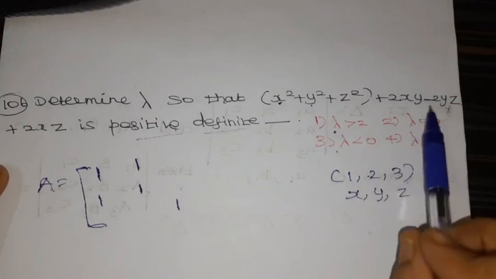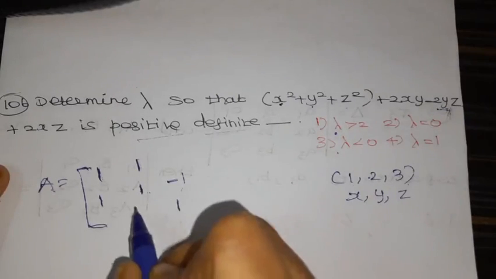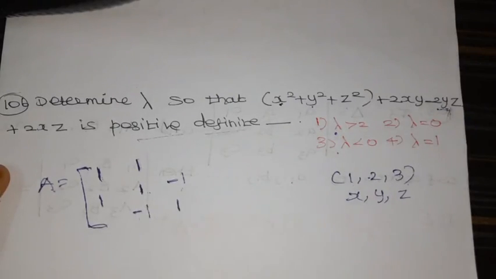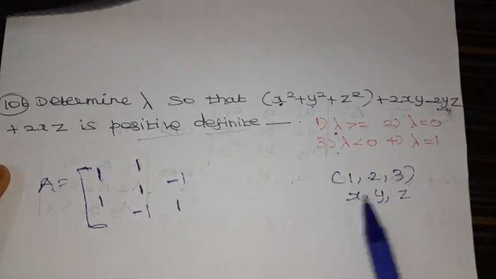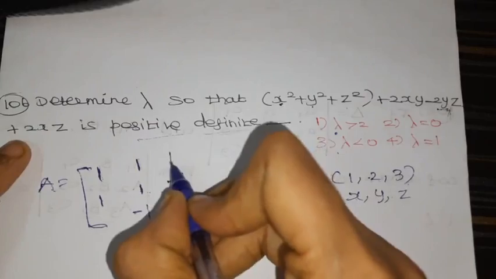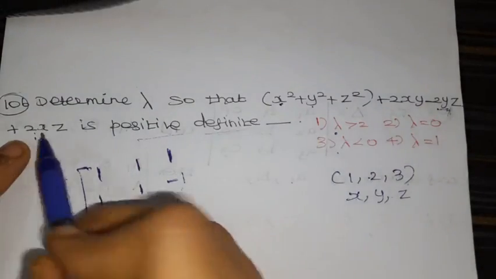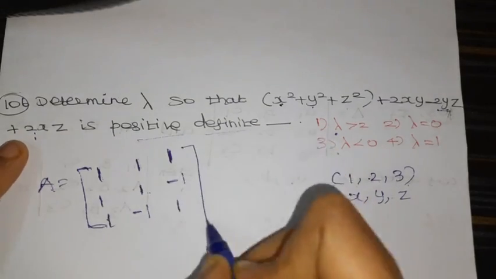So the yz value is minus 1. A23 equals A32. Where will A32 come? Here. Then xz means 1, 3: A13, and we need to write half the coefficient. Half of the value means 1. That is A13, which is equal to A31. A31 will come here. So this is simple.